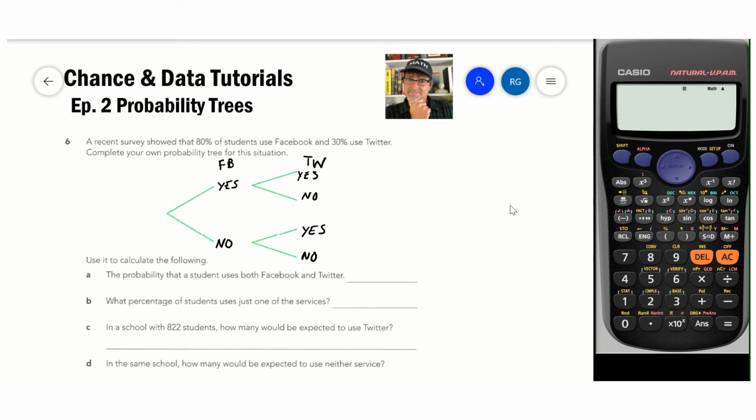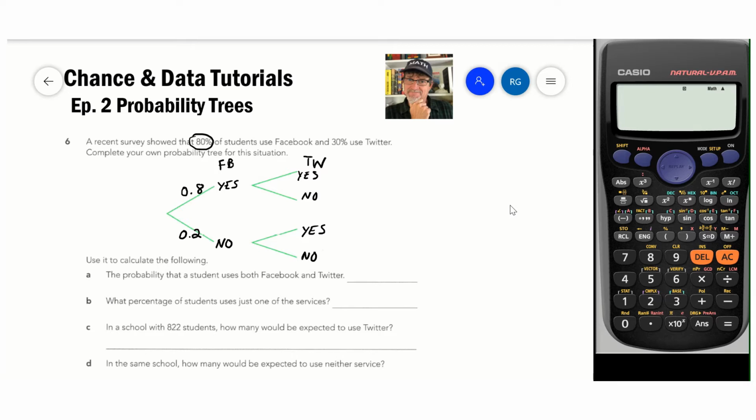And now for our probabilities, we'll go up to the text of the problem. It says 80% use Facebook, so that's going to be yes, so that's going to be a 0.8 here. And that means if 80%, or 0.8, use it, that means 20%, or 0.2, do not. So that's what goes down here.